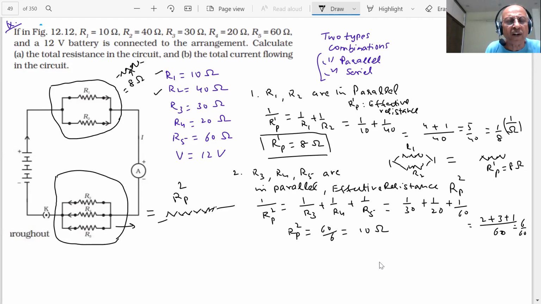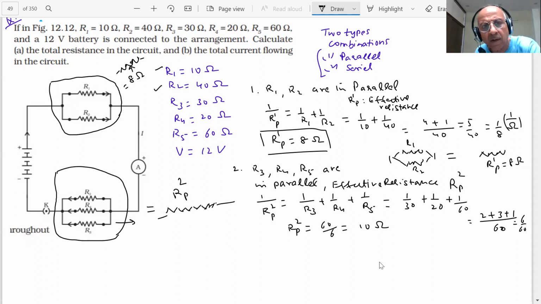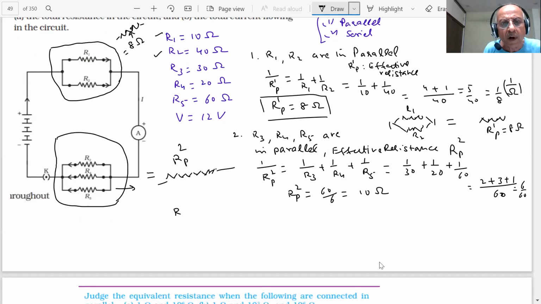Now, students, I have two resistances here. One is this one and RP1. Now tell me how RP1 and RP2 are connected in the circuit. This is one resistance, this is another resistance. It is something like this, student.